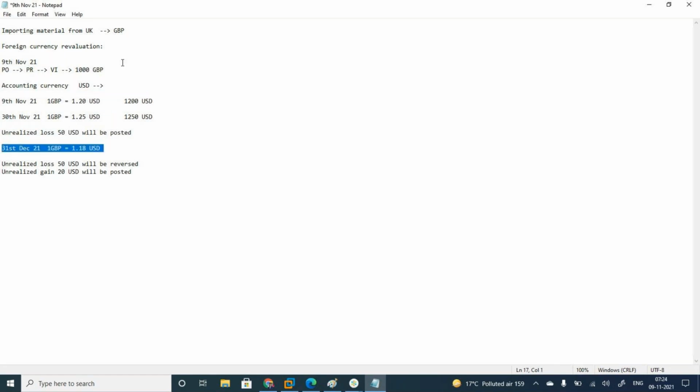The difference is 0.02, which on 1000 means $20 will be posted, and the $50 that was posted earlier will be reversed. So it will not compare these two and will not post $70. Understood? Any questions here? If you understood this, you understood foreign currency evaluation.